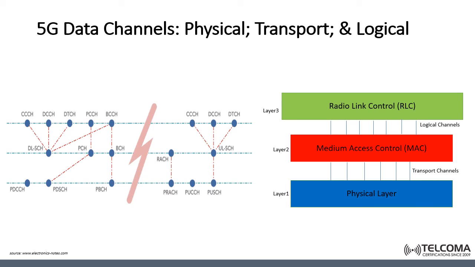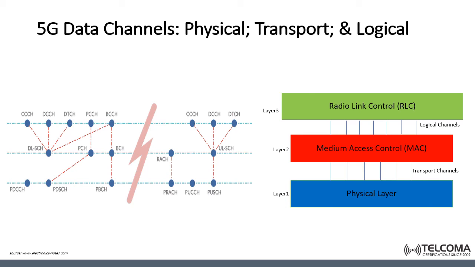We can list some examples for the logical channels and we can see what is the function of each one of them. The first channel we have is the BCCH, or the broadcast control channel. The broadcast control channel is used within the downlink, and it is used, as per the name, for sending broadcast style information to the user equipment within the cell.